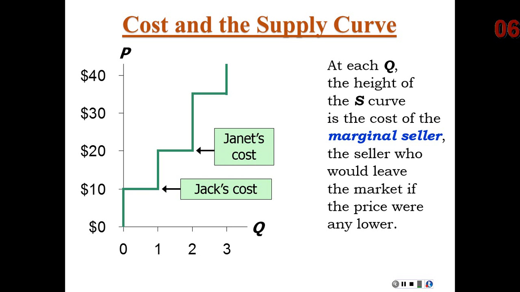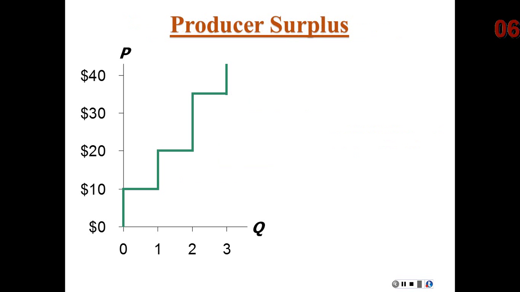Then above $20, between 20 and 34, we gain Janet. She really is the marginal seller there that we either gain if the price is rising or lose if the price is falling. And then as the price rises above 35, we gain Chrissy as the marginal seller, right? She will jump into the market if the price rises above that amount, and if the price falls below 35, we lose her as the marginal seller.